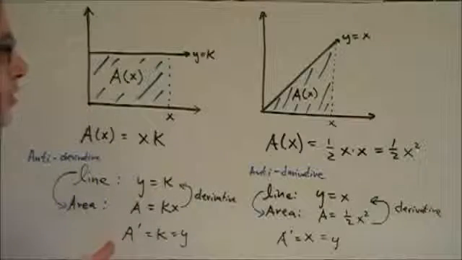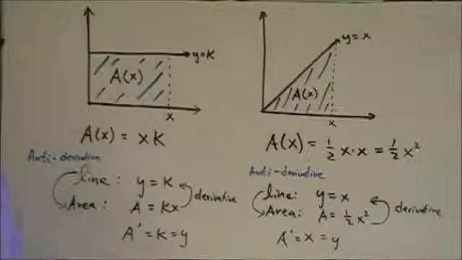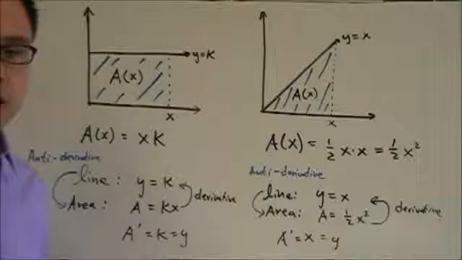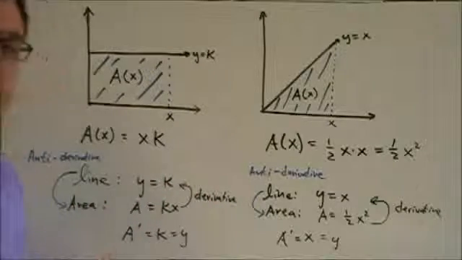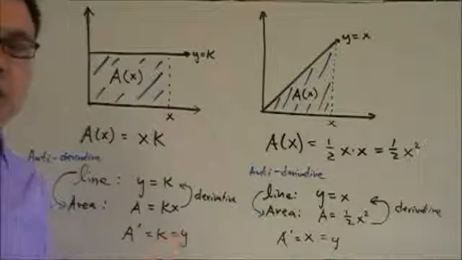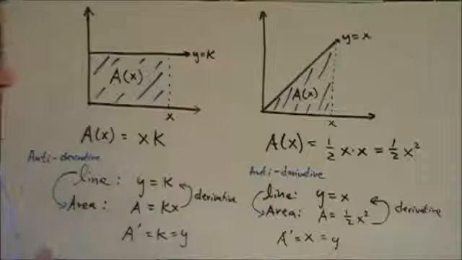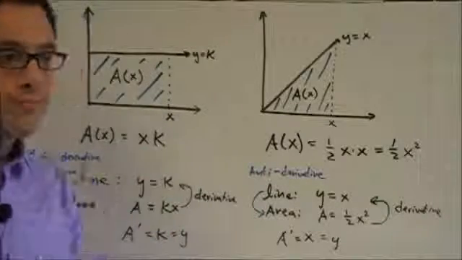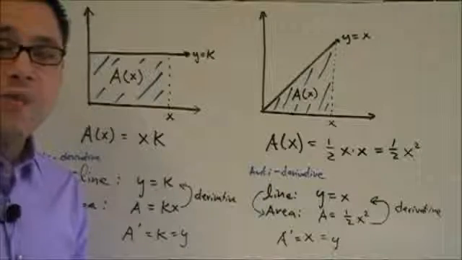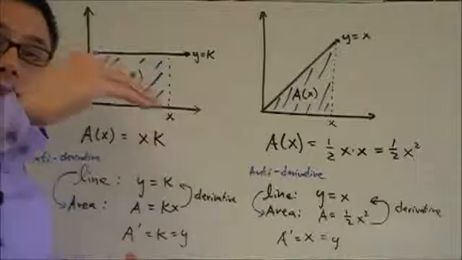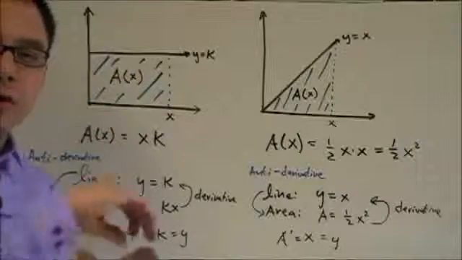That is, given some curve, how do I know the area underneath that curve? And the answer is, we want to compute the antiderivative. The antiderivative will give us a way to determine the area underneath any given curve. So this is really the connection we have between the area and the line that is the ceiling of that area, that sort of encloses that area.